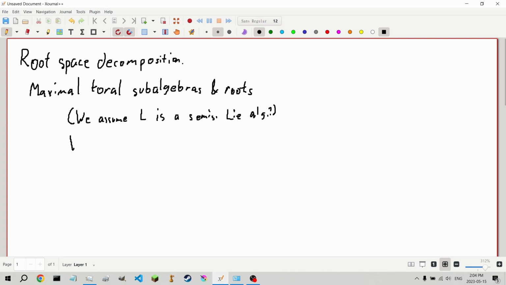So, given that L must contain non-nilpotent elements, otherwise it would just be nilpotent itself, we can find x in L whose semi-simple part x_s is non-zero.